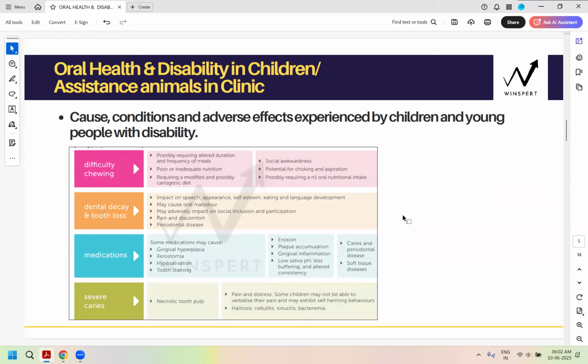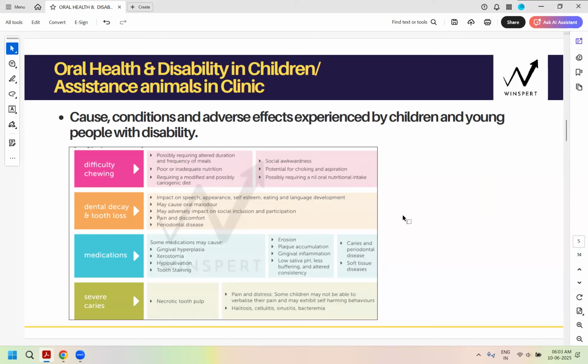If their problem is difficulty in chewing, then they can have inadequate nutrition, and their diet can also be modified. They may not be able to chew hard food, so they may be on a liquid diet or soft diet, and that can move easily towards a cariogenic diet because it would not be a self-cleansing diet, right? So they may require meal alterations.